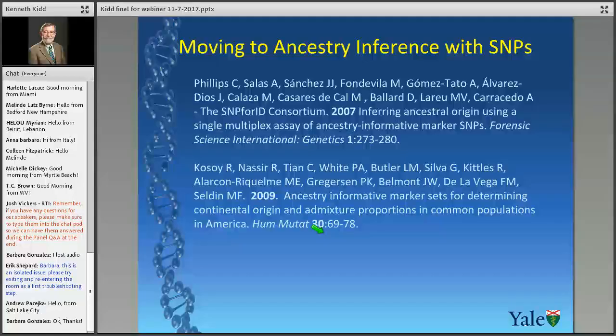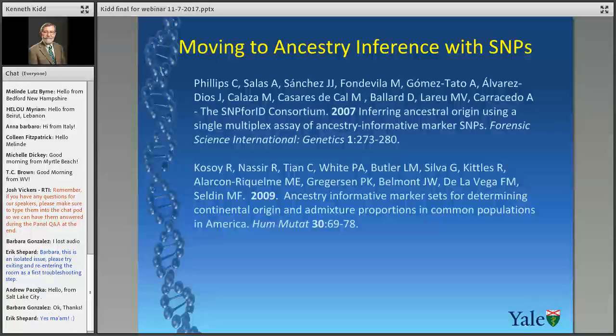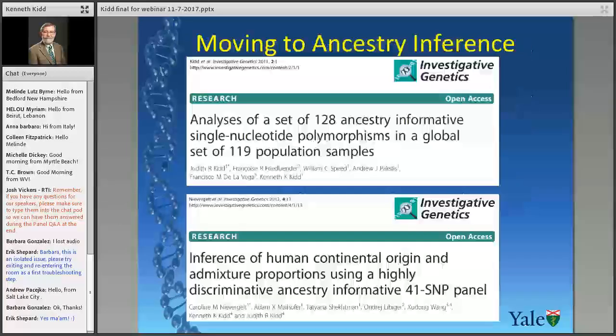Dr. Phillips presented one of the early papers, and a group of individuals in Michael Seldin's lab in California provided another set of markers.